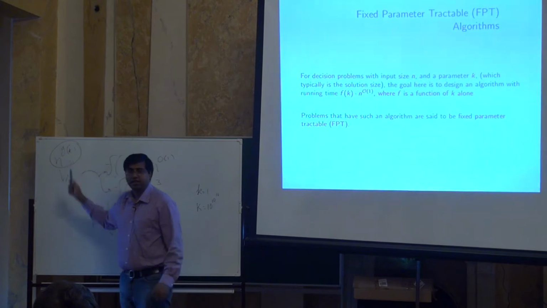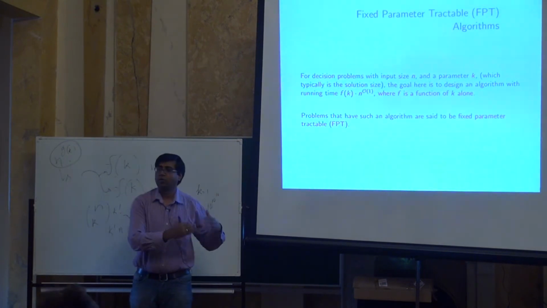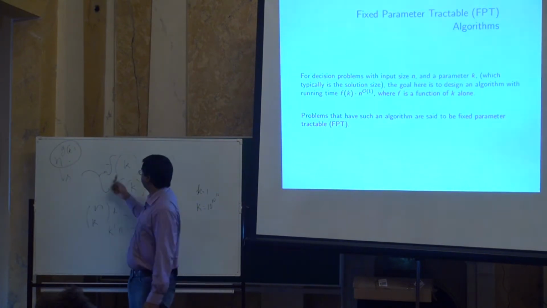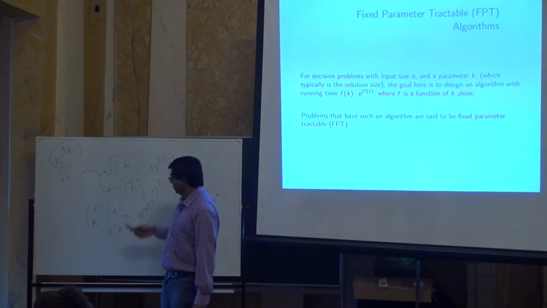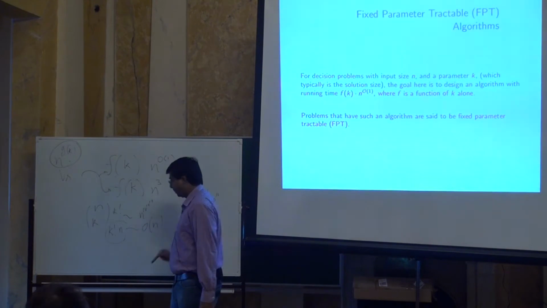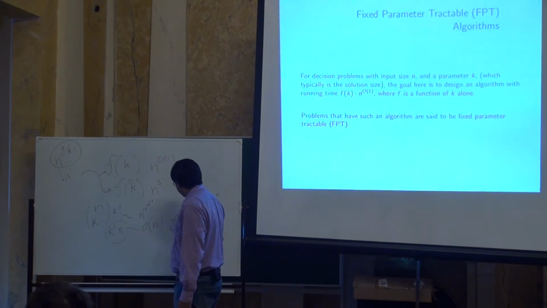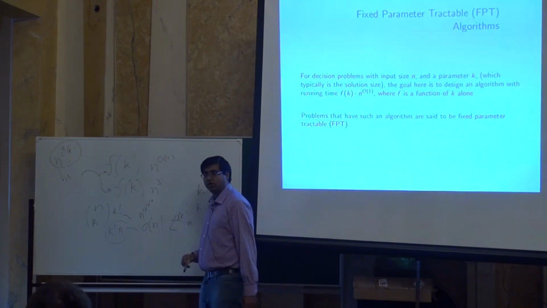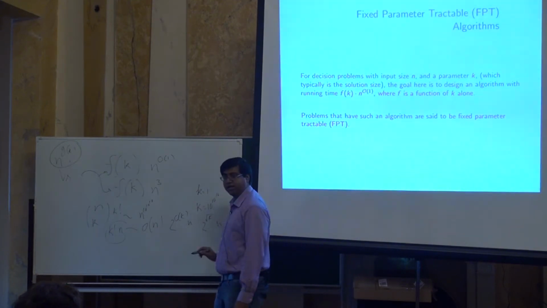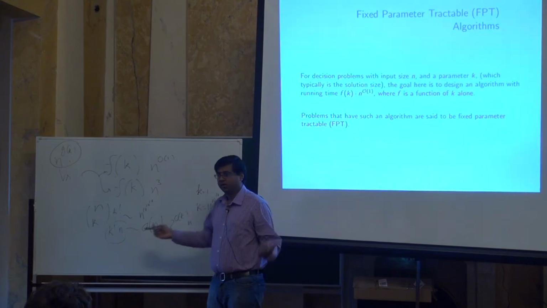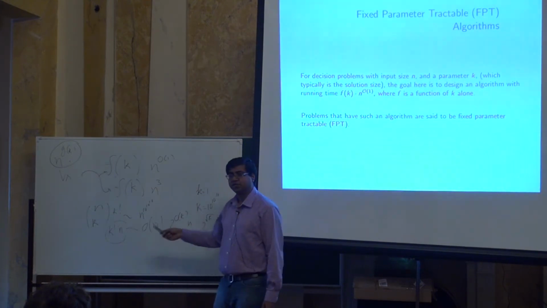If it is this kind, then we need to show some appropriate hardness reduction. If it is this kind, we need to design an algorithm. Now, if it is this kind, is it this kind, or this kind, or this kind? I don't know. I mean, there are infinitely many functions.